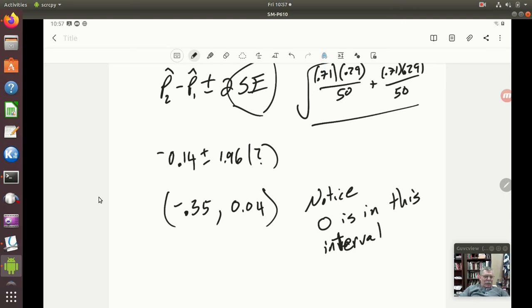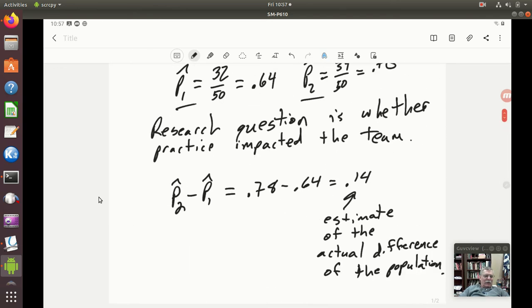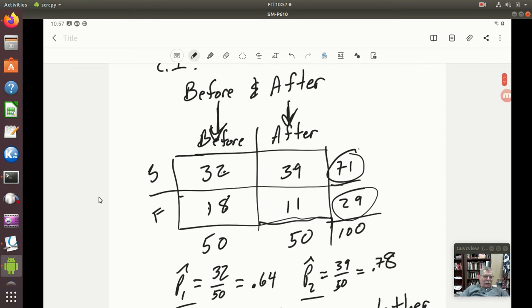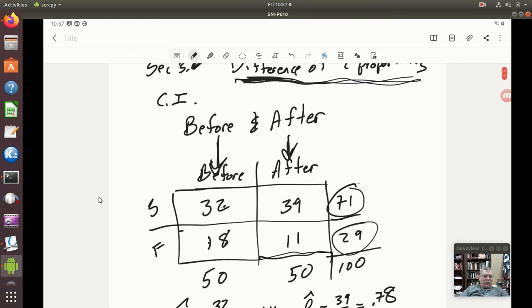And so that means if I'm asking, did they improve? Now this is just a confidence interval, but according to the confidence interval, a perfectly reasonable answer is that these really did come from populations with no difference between those proportions. So in other words, there is this possibility that there was no improvement.